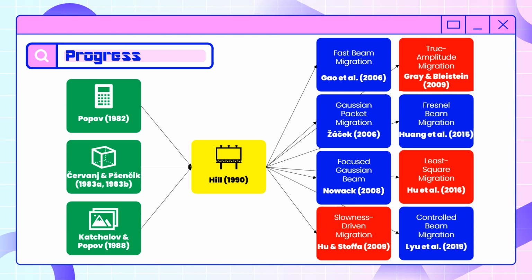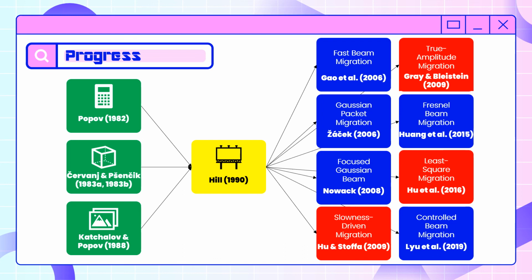Cerveny and Psencik developed the migration in both 2D and 3D models, and Kachalov and Popov provided the blueprint for the migration of the Gaussian beam. In 1990, Hill proposed the complete Gaussian beam migration algorithm, which then supplied the development of Gaussian beam migration in the next decades.